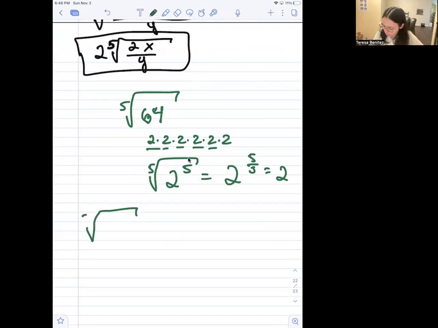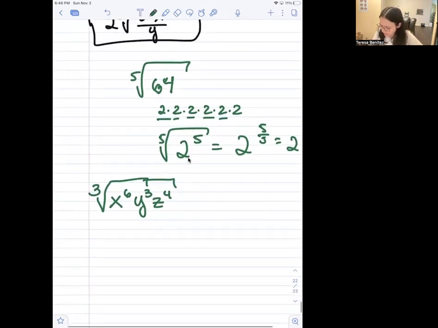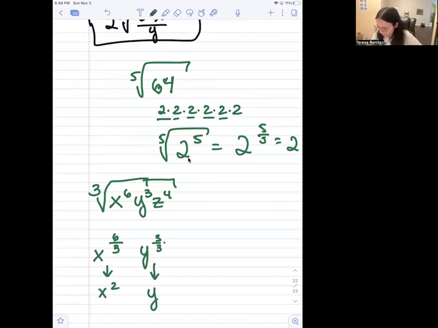I don't know if you have it in the homework. If you have something like this, x to the power of 6, y to the power of 3, let's do z to the power of 4. Here, x to the power of 6 divided by 3 is x to the power of 2, right? Y to the power of 3 divided by 3 is y.